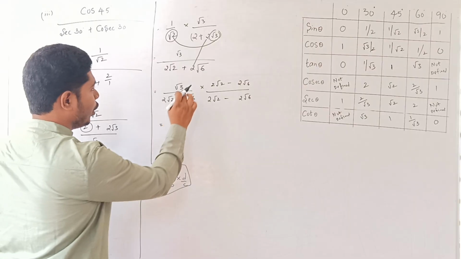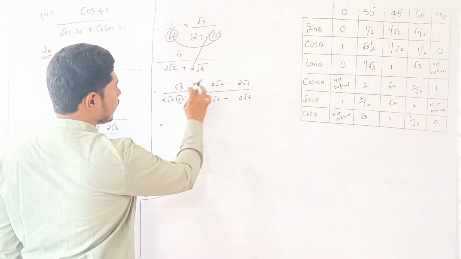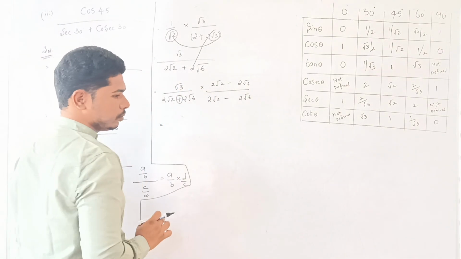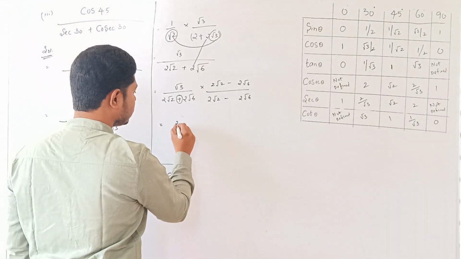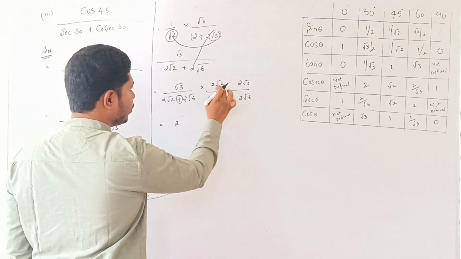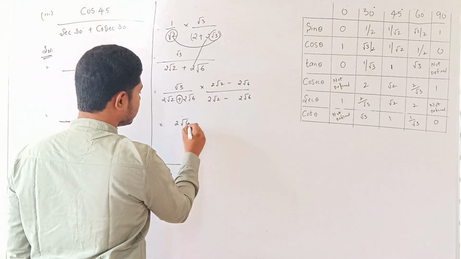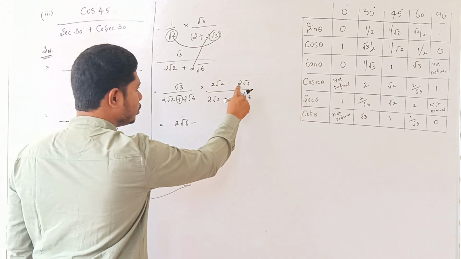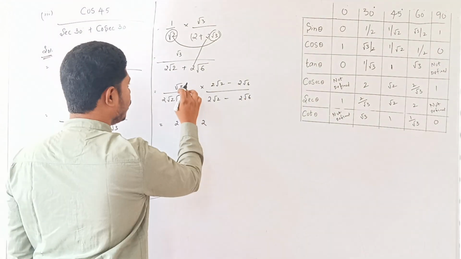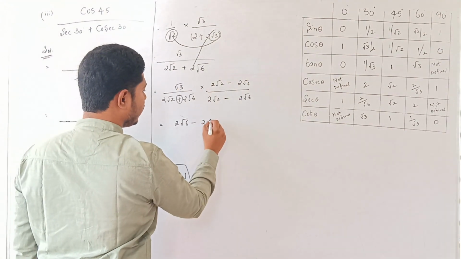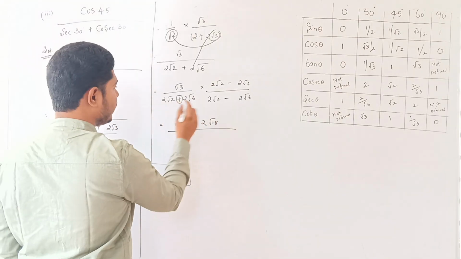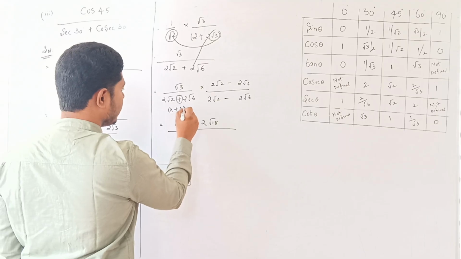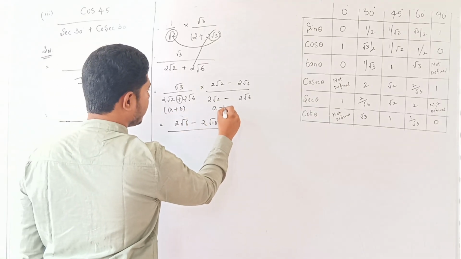See, root 3 into 2 root 2. What have I told? I will simply write 2 here, and root 3 into root 2, root 6. Minus 2, I will write 2 here, root 3 into root 6, root 18, simple, that's all. Then this is in the form of a plus b into a minus b.